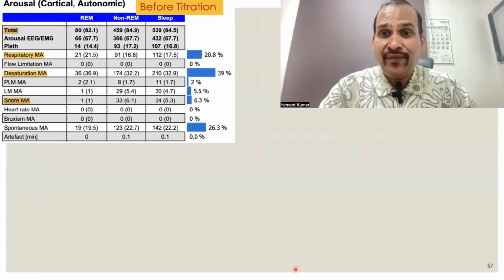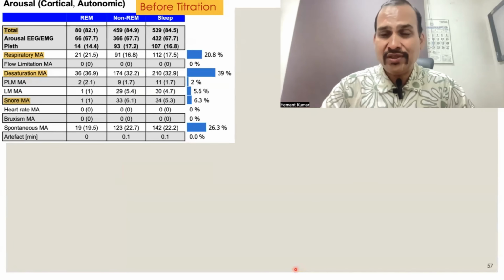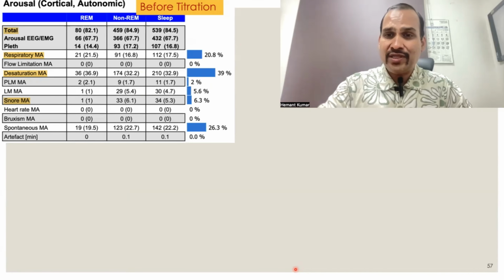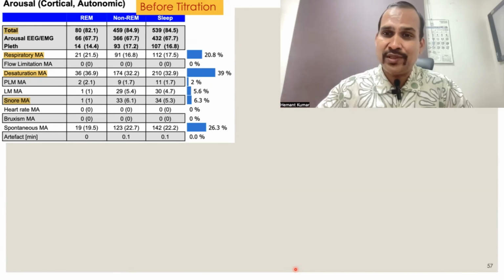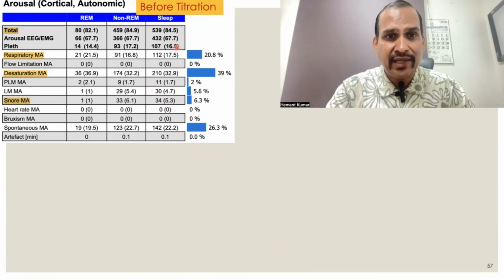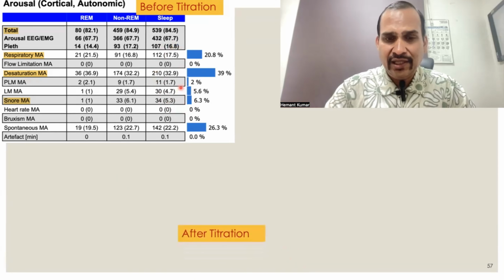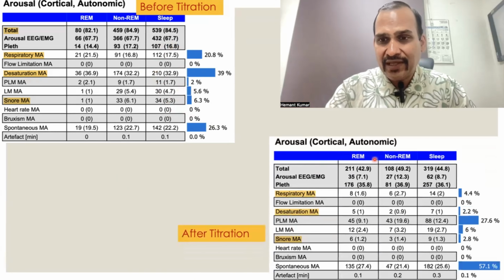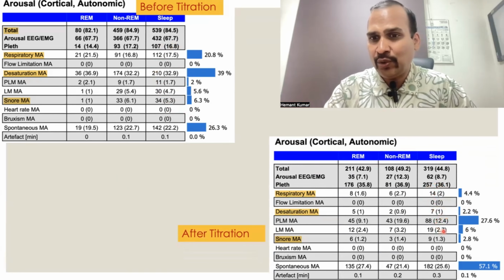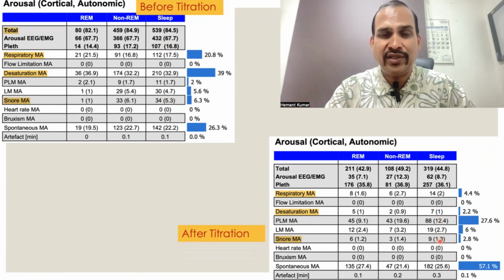Okay. What about arousal? Because arousals cause daytime somnolence or daytime sleepiness. In this patient, because of respiratory events, desaturation, and snoring, he had this many arousals. Now with CPAP, respiratory is reduced to 2, desaturation 12.4, and snore is 1.3.